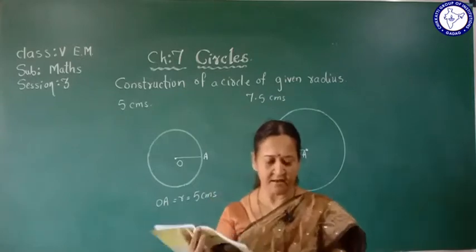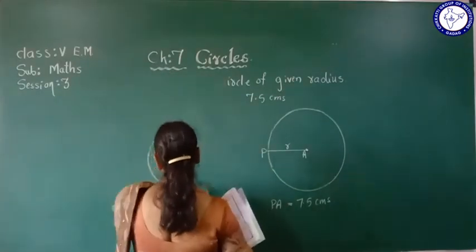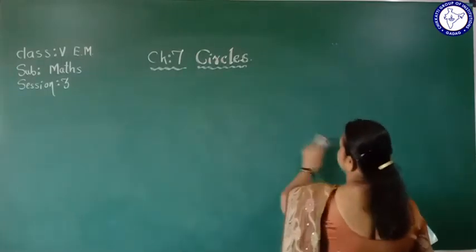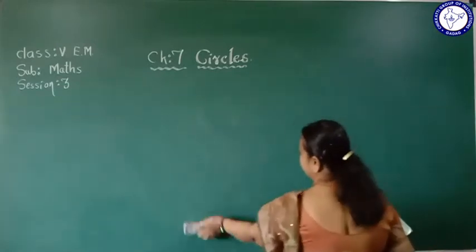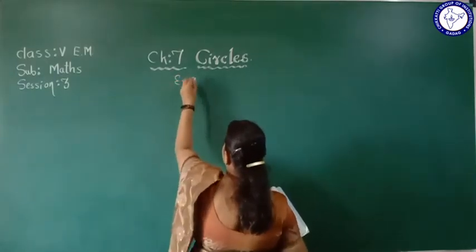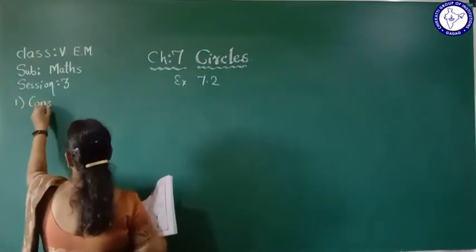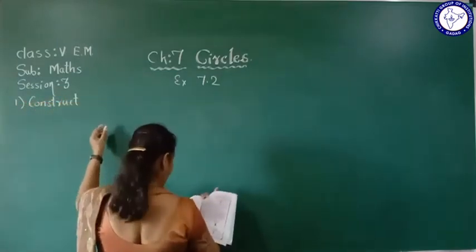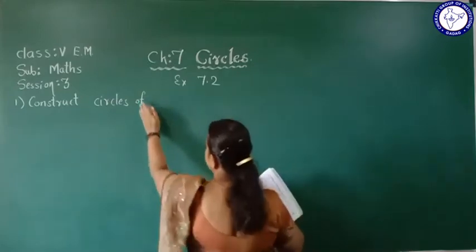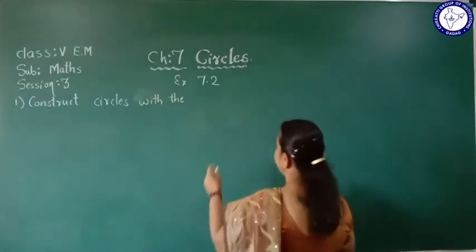Exercise 7.2. Here the first question: construct circles with the following radii.